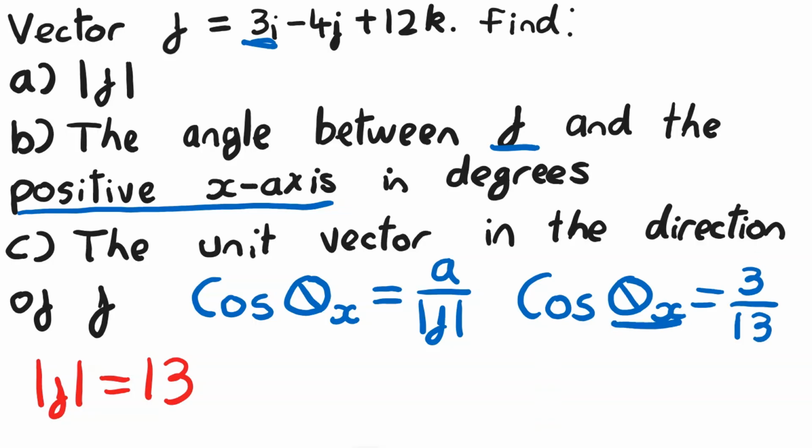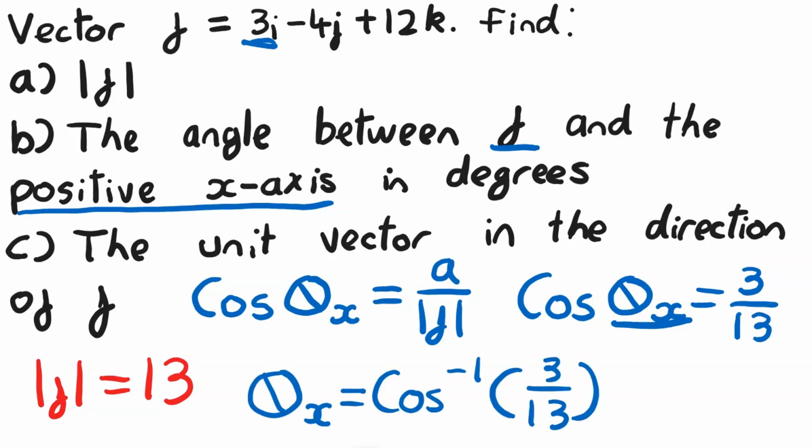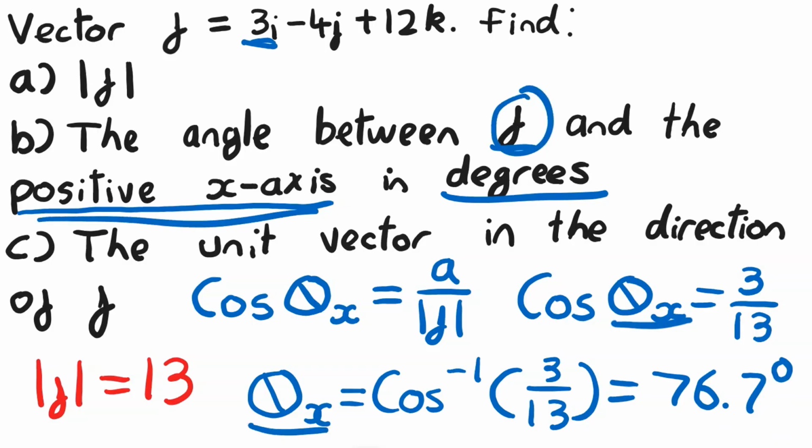In order to figure out what this angle is, we take the inverse cos of 3 over 13, which if you put into your calculator, in degrees, is equal to 76.7 degrees. So that's the angle between this vector here and the positive x-axis.